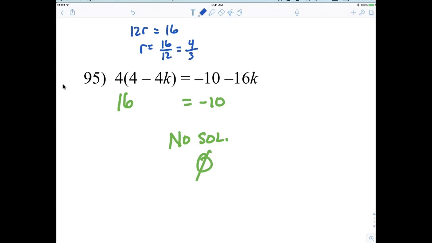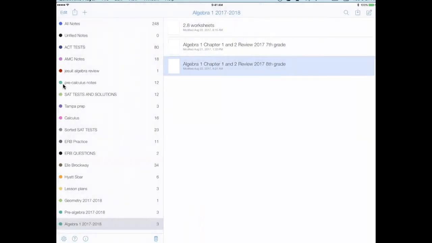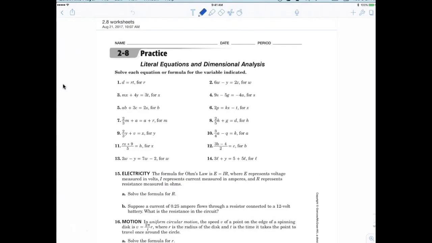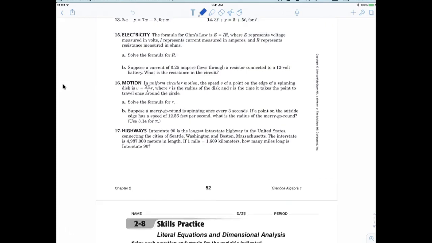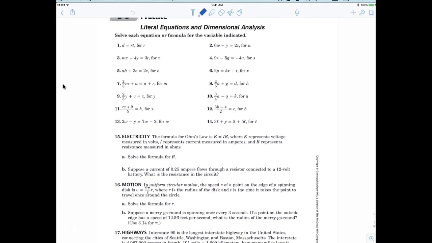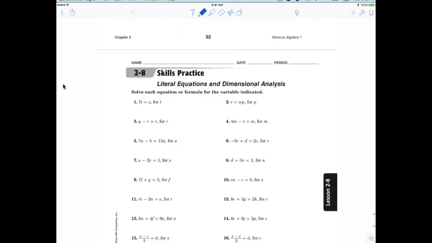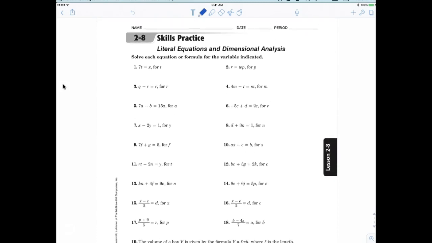Now let's open up the new file, which is 2.8. Does everybody else have 2.8? What I'm going to try to do today is there are two worksheets. I'm going to do the first worksheet with you, and you're going to do the second worksheet as homework. Then I'm going to do the second worksheet with the other class.